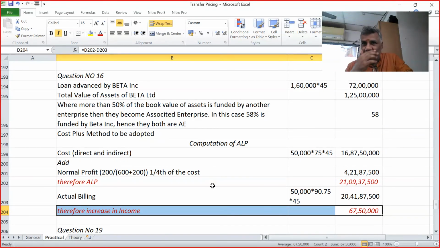What is the entry I will pass for 6750? Loan provided, a debtor-like relationship. So debit the party, credit income. And ask them to repay this money within 90 days. If not, interest should be computed.